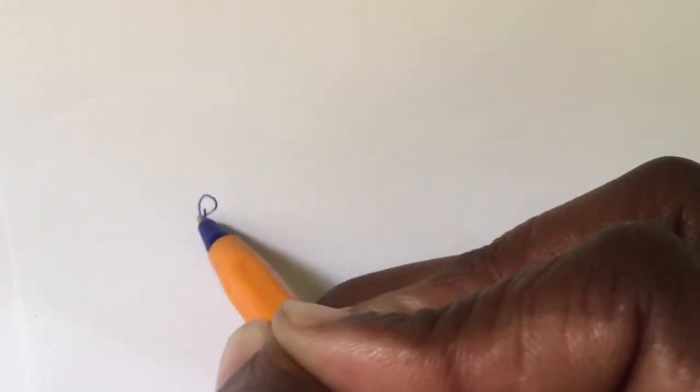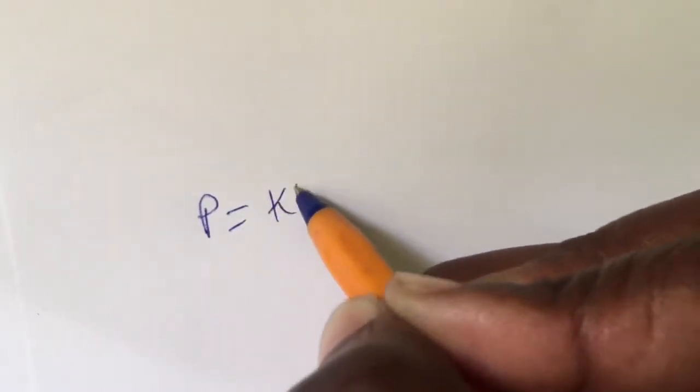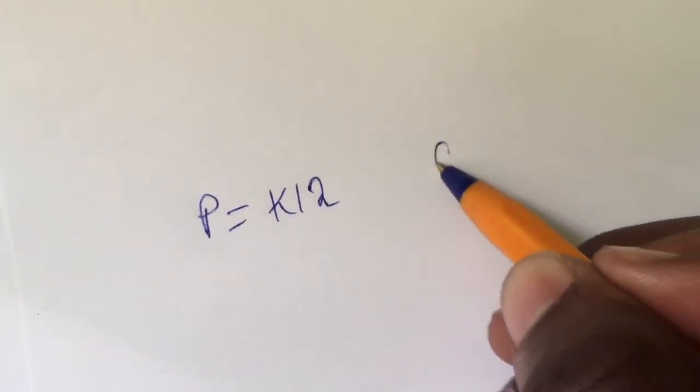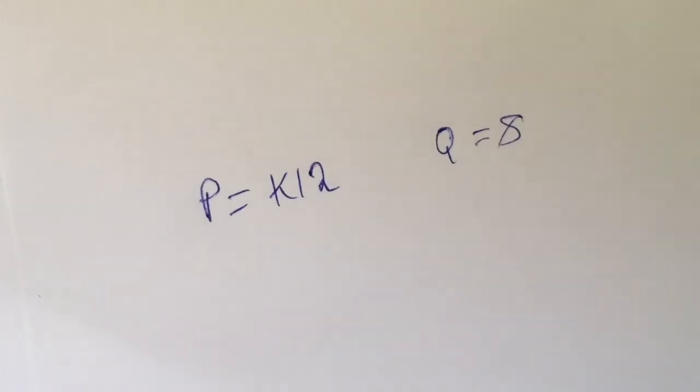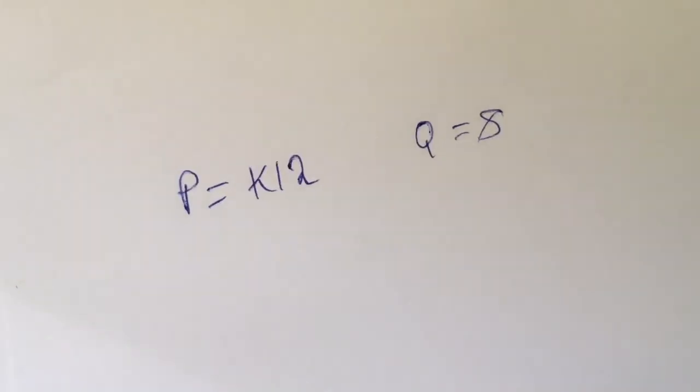So the initial price and quantity of popcorn is 12 kwacha and 8. Price is equal to 12 kwacha and the quantity is 8. These are the initial details, and please don't mind my handwriting.